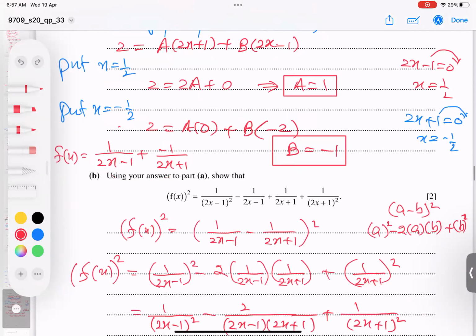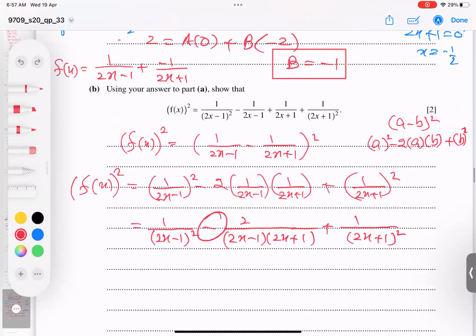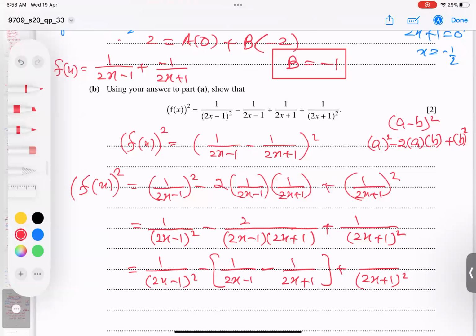So, short story, in place of this whole thing, I can copy this, but be careful of the outside minus sign. So I write it in a bracket. This value I'm copying: 1 over 2x minus 1 and minus 1 over 2x minus 1.